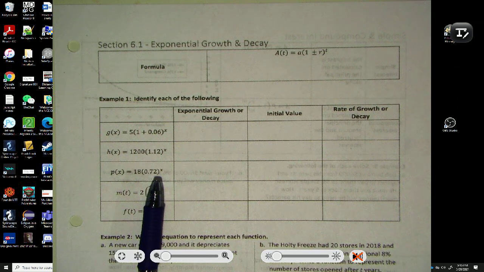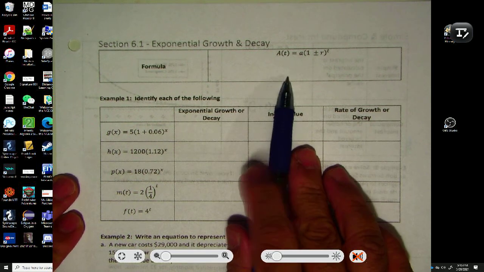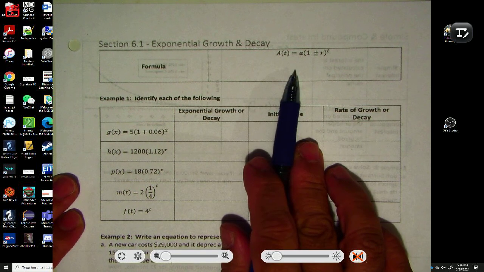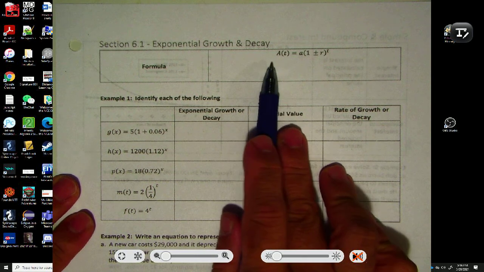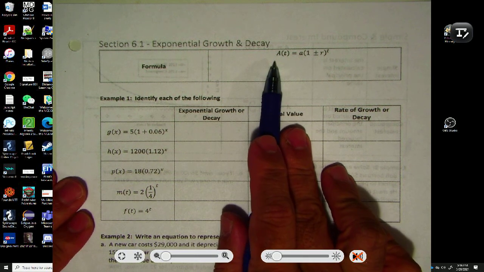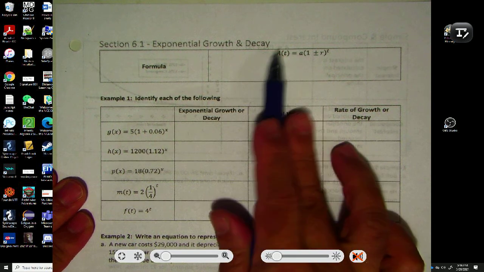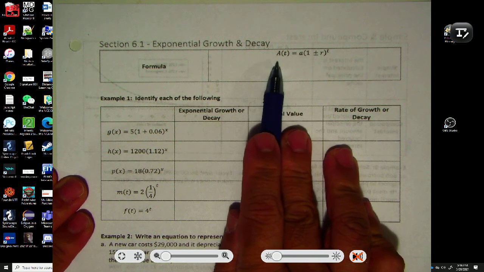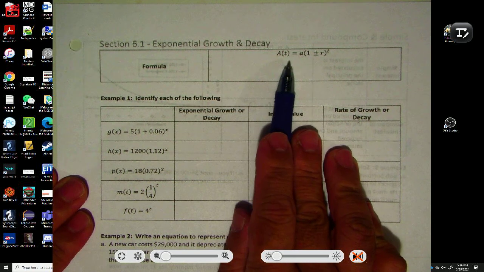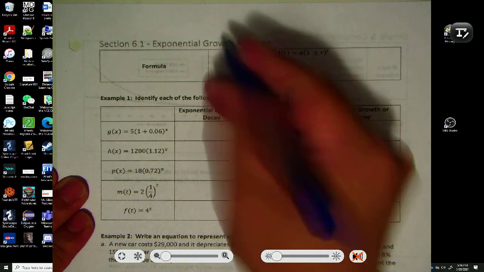Alright, today's lesson was on exponential growth and decay. This is the function, right? The capital letter A is not important. T is the important one. This is functional notation. The function name here is A. The little a is the initial value.